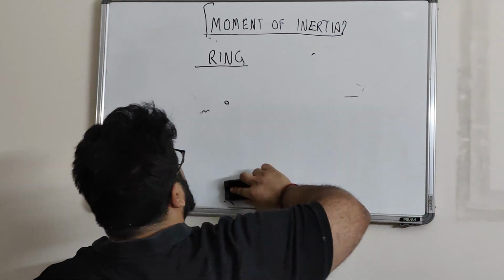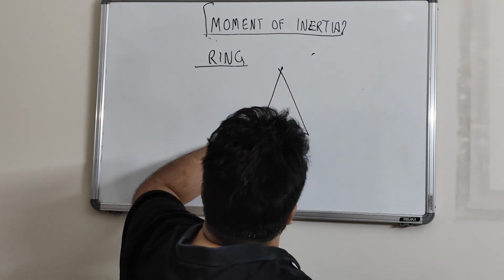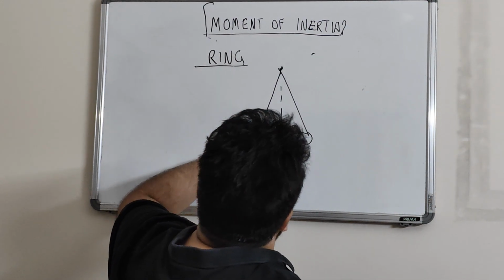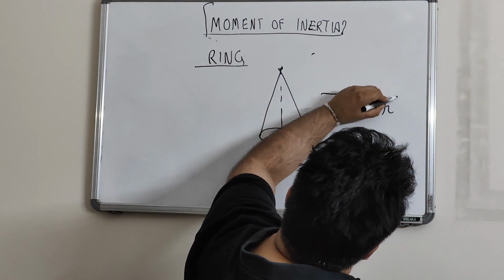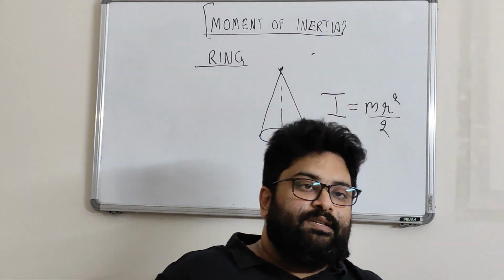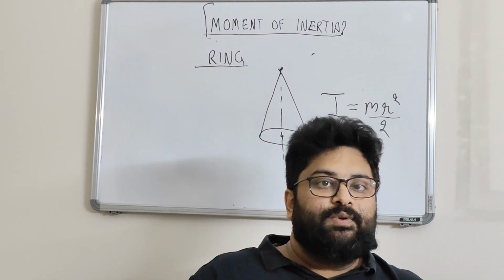In a similar manner, for a cone, the moment of inertia is mr square by 2. Now it's the same as the disk, but I would recommend you not to remember it like that, because then it might cause confusion.